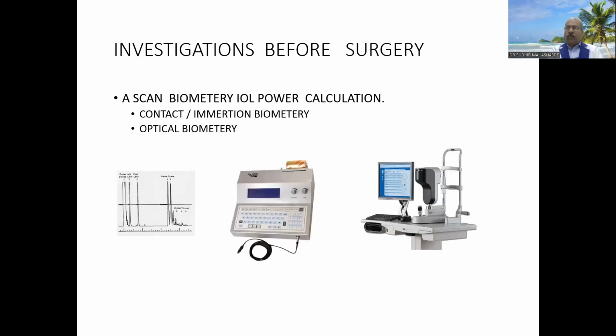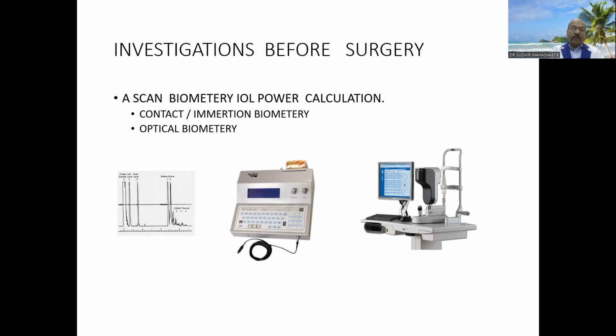Now, these days, we replace the normal human lens, which has become a cataractous lens, with what is called an intraocular lens implantation. That lens has to have its power, and that is measured before the surgery.